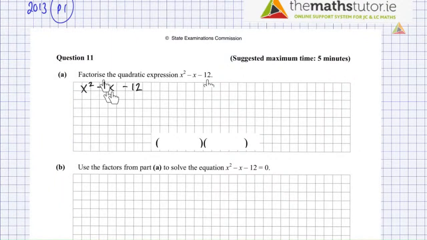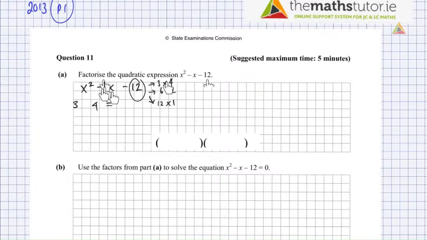So the way we factorise is we're going to get factors of 12. So 3 by 4, 6 by 2, 12 by 1. So any of these pairs that either add or subtract to give you the middle number, which is 1. So 3 and 4 will work. So we have a 3 and we have a 4 and we need it to equal, be careful here, minus 1.